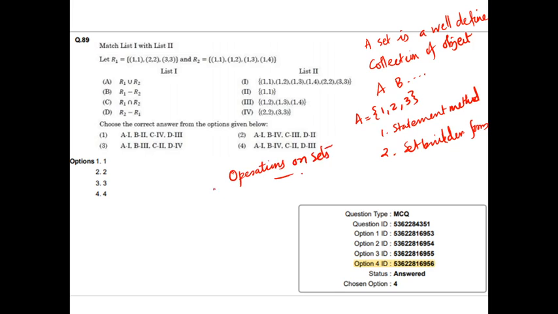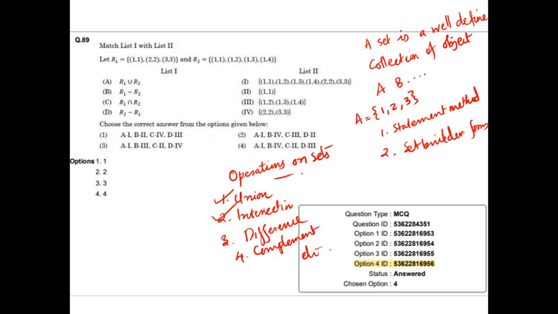Basically, the operations are named union, intersection, difference, complement, etc. Here in this question, only 3 operations are given, so I am talking about those 3 operations.